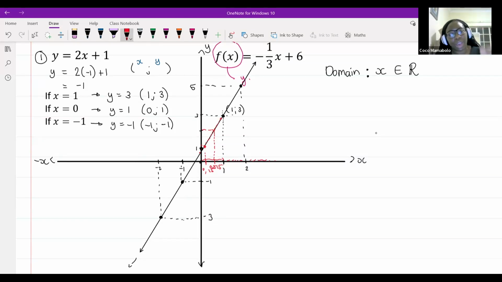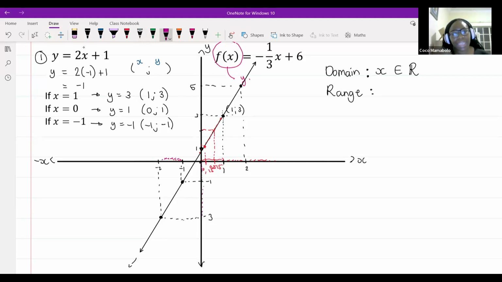For any x value I pick, I will always get a y value. Even if I choose the negative ones, it doesn't matter what it is, I'm always going to get a y value. Now if we talk about the range, it is all my y values. If I'm getting an x value, I'm always going to get a y value out.